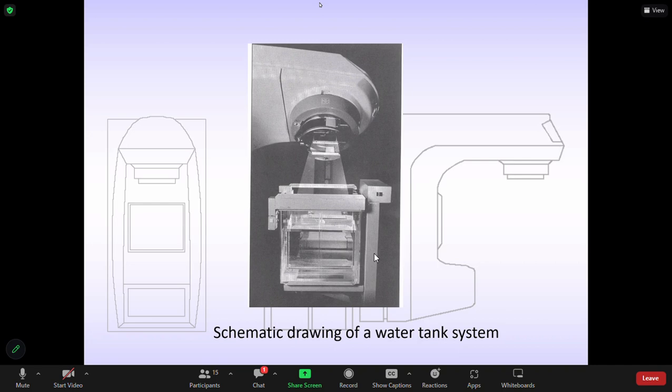So on the third case, when we do a major repair, there are alternatives to setting up the water tank, and this is called a profiler. A profiler is a device that will measure the profile at a specific depth. With the water tank, you can measure at any depth you want, but with the profiler, you can also do it at different depths, but you have to add solid water on top.